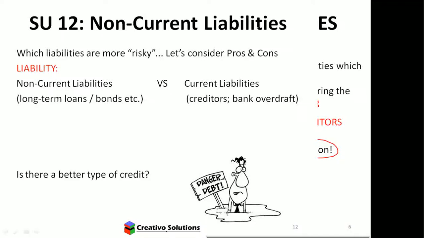Okay, what else can you think of? We spoke about collateral in terms of security or no security. So which one has security? No, looking from the business perspective, taking out a loan.